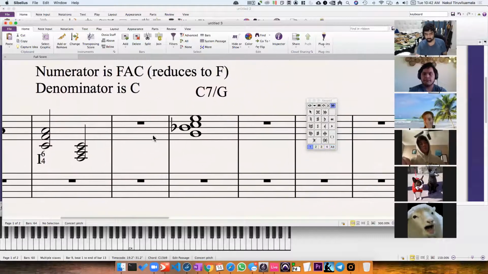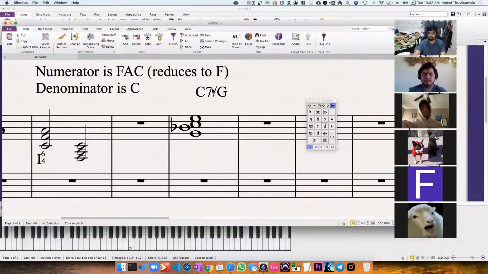Okay, so this is a slash chord right here. This is a C7 over G. Fantastic. Now, isn't that chord technically kind of like a second inversion of a C7? Yes, absolutely. I'm using a particular key so that I can use my Roman numeral syntax, because the software doesn't allow me to do alphabet pitch and then 6/4 nicely compacted like that.